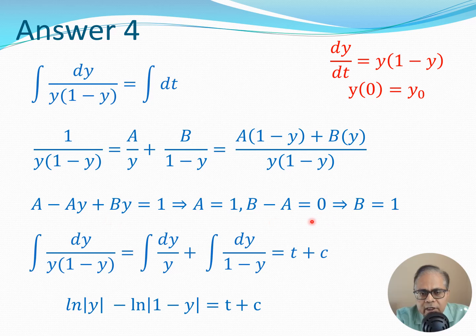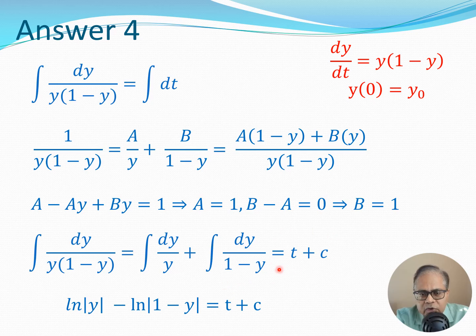And so from this I get a equals 1 and I get b is 1 because b is equal to a. So I can then write the integral dy by y(1 minus y) as the integral dy by y plus the integral dy by 1 minus y. So the splitting in partial fractions is a very standard approach when you are dealing with these kinds of problems.